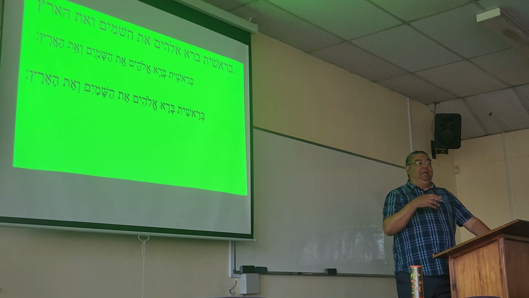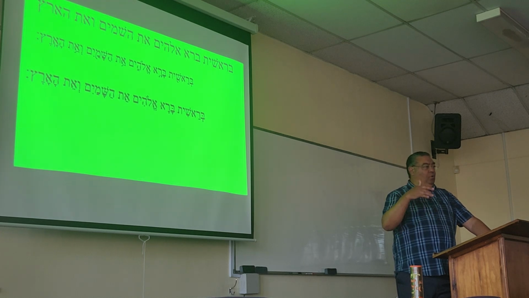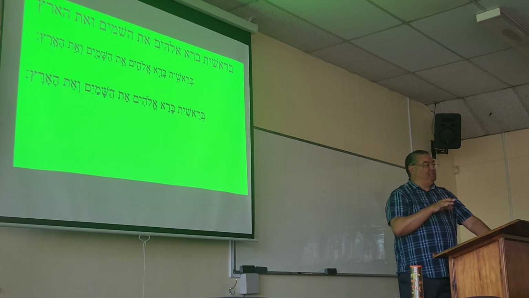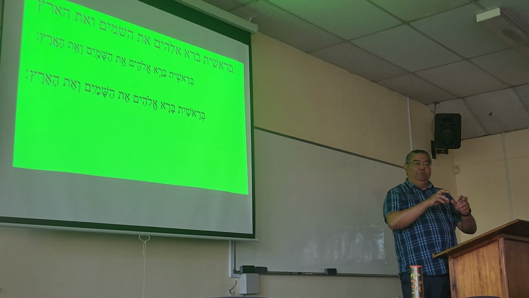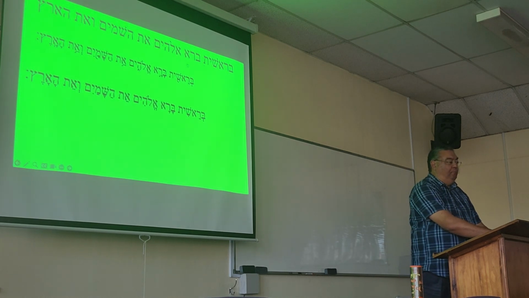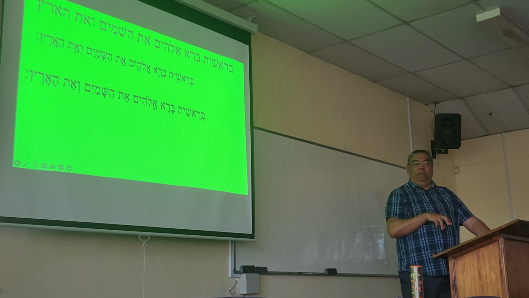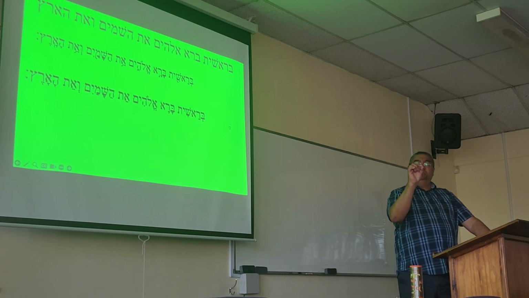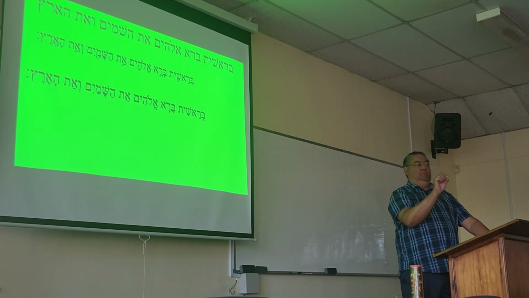So it can mean in, outside, below, above, next door, beside. Those are all prepositions, showing the relationship between things. And that bet is the preposition in Hebrew that has many different meanings, but one of its simplest meanings is "in."